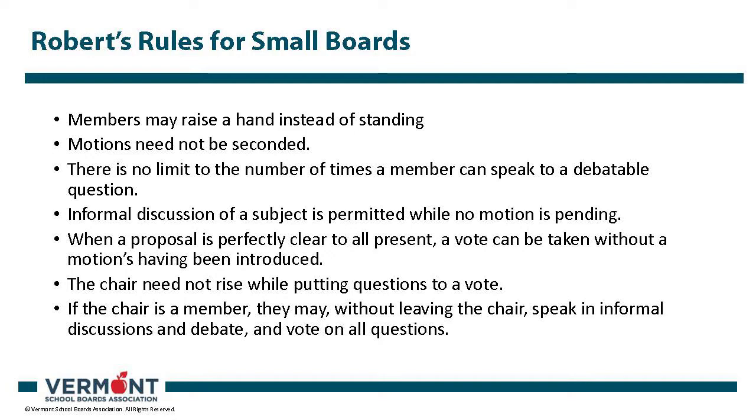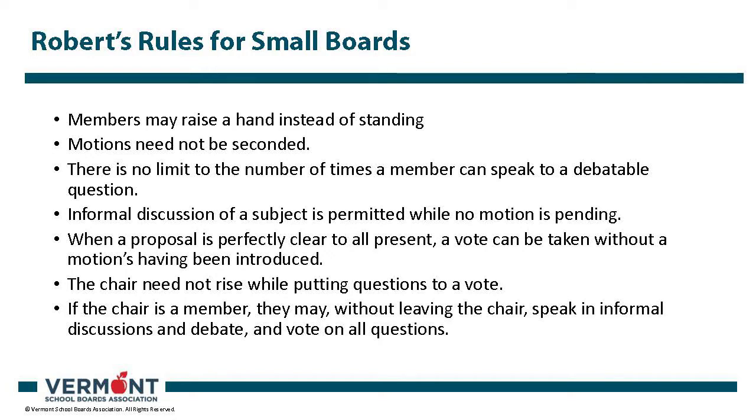Fourth, informal discussion of a subject is permitted while no motion is pending. And fifth, when a proposal is clear to all present, a vote can be taken without a motion having been introduced. Sixth, the chair need not rise when putting questions to vote. And then seventh, the chair may speak in informal discussions and debate without leaving the chair, which is different also from regular Robert's Rules.